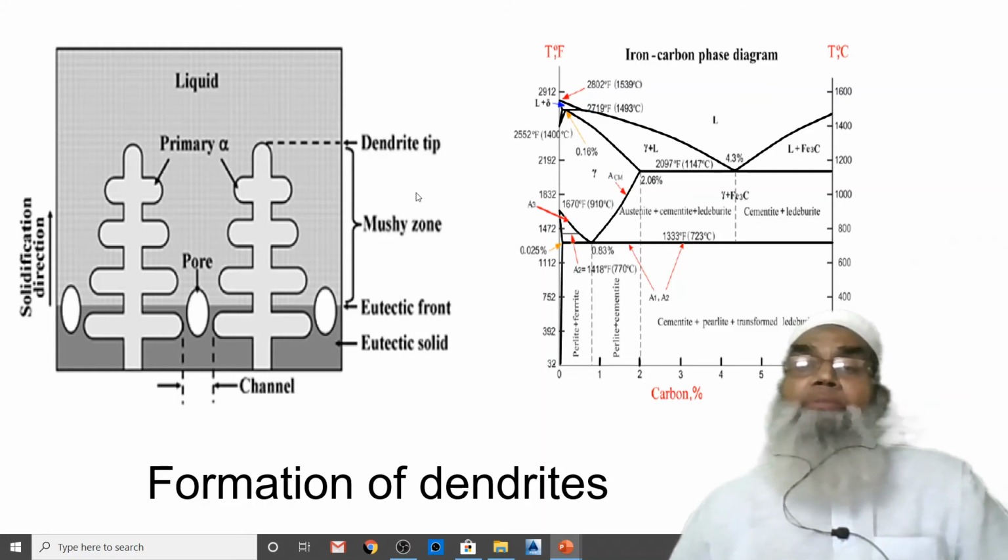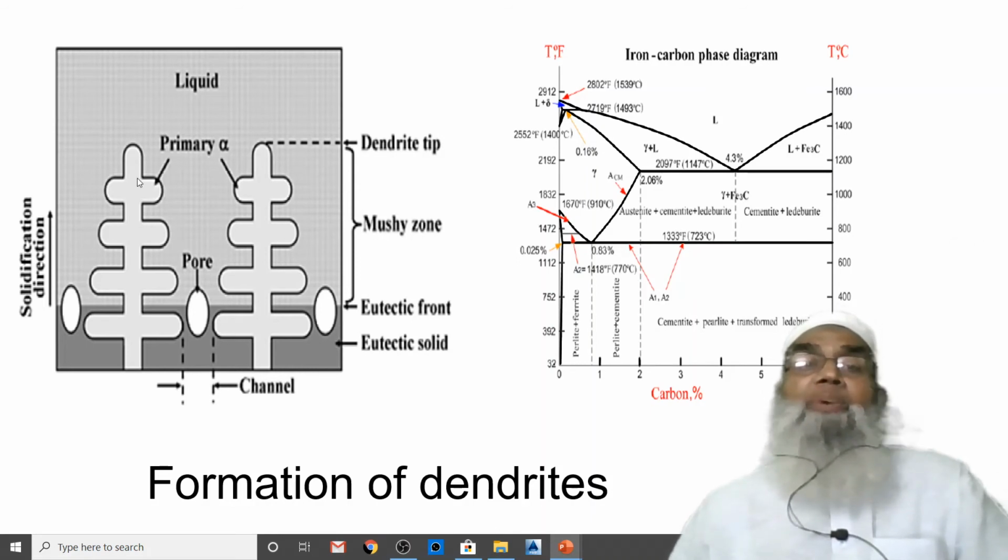Okay. Now, therefore, the concentration of the solid is less, and the concentration of the liquid is high. Initially it was at this point, but after solidification, the concentration increases, and moreover the solidification temperature reduces.